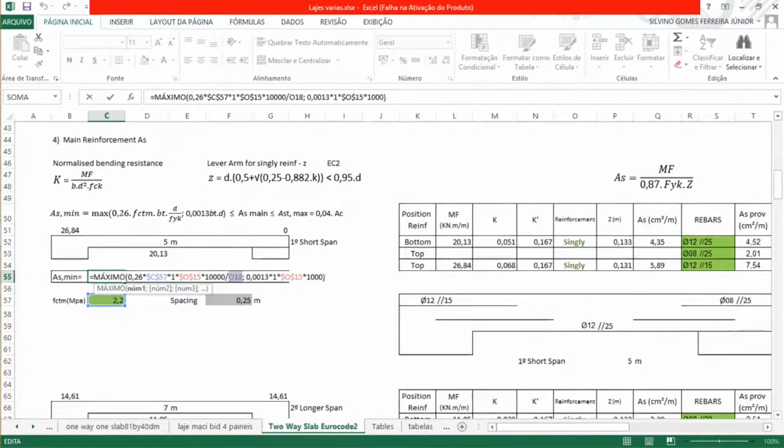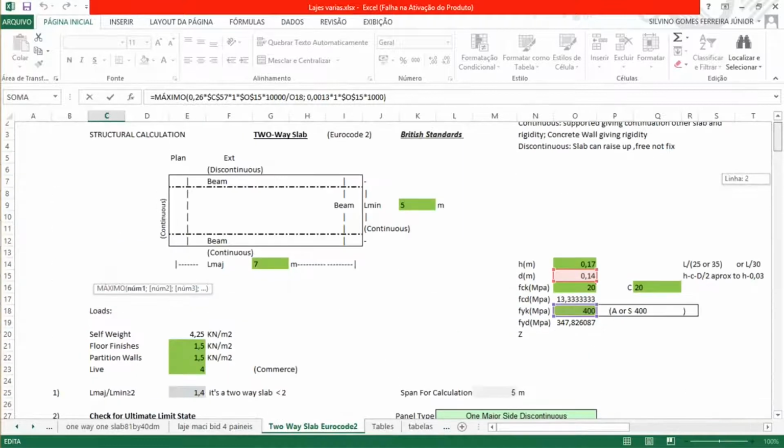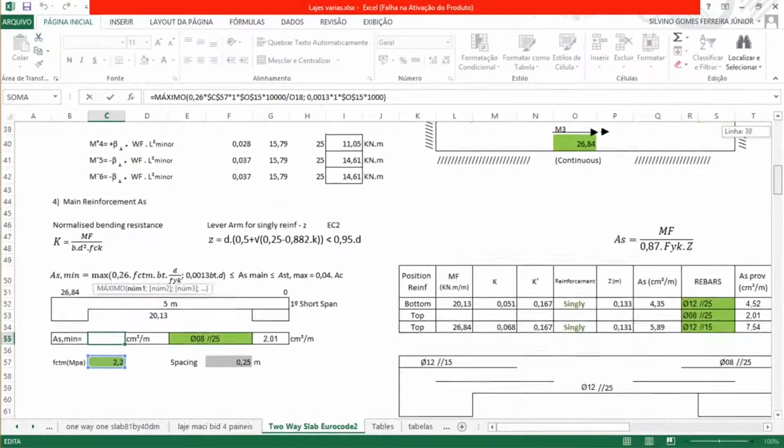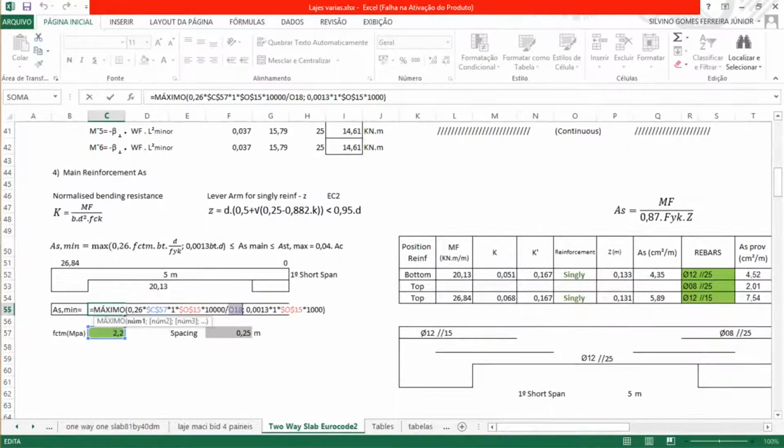that is the fyk 400 for steel, the type of rebars, the iron rods. And we check the maximum too, from the other expression, to see the minimum that we're going to use.